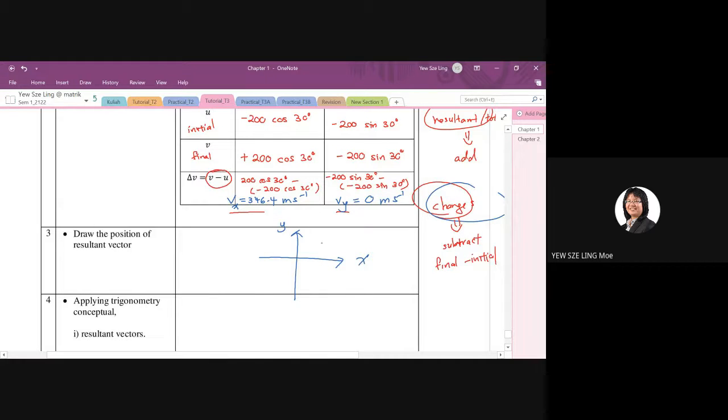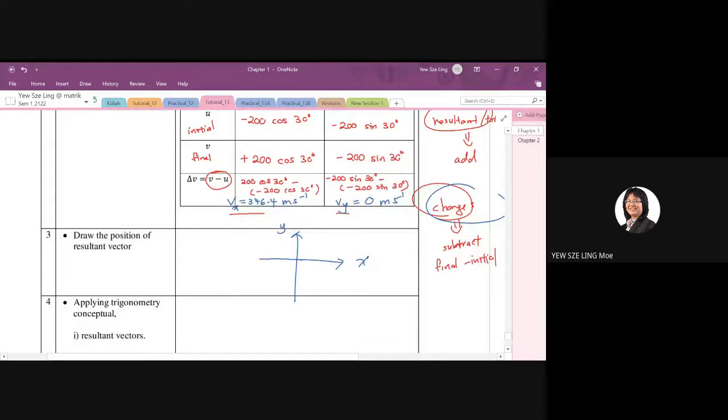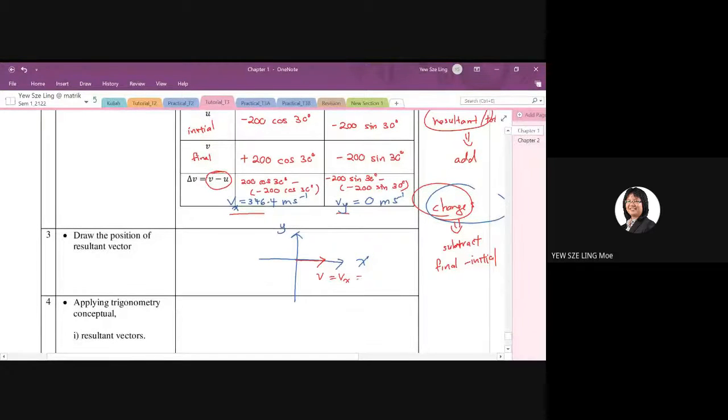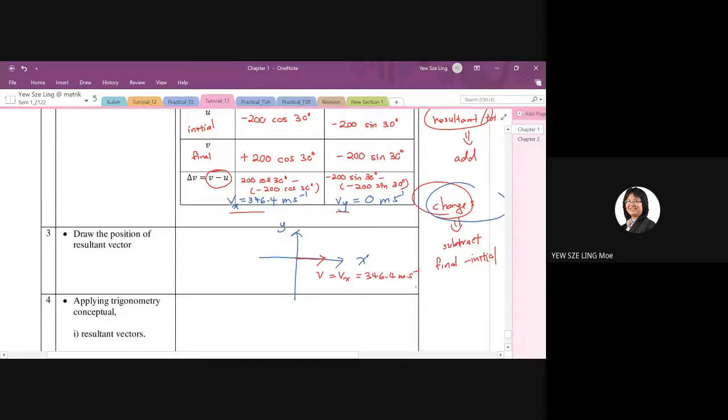It's lying on the x axis. So this is my V, where V equals Vx equals 346.4 meters per second. The reason I know the final vector is equal to Vx is because my Vy is equal to 0.